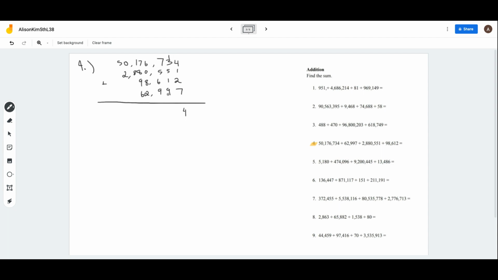Now we add all of these together. 1 plus 3 is 4, 4 plus 5 is 9, 9 plus 1 is 10, 10 plus 9 is 19, so you're going to bring down the 9 and bring up the 1.